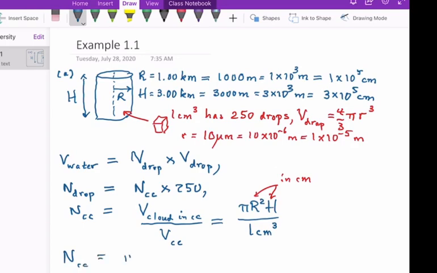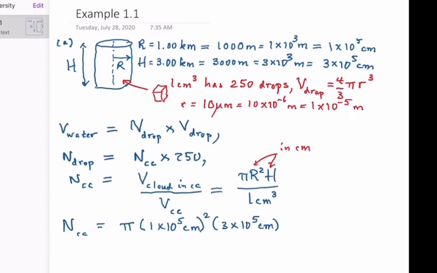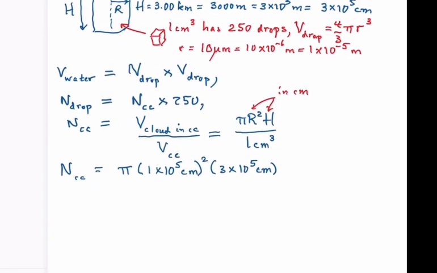Okay, pi times the radius of the cloud in centimeters, 1 times 10 to the 5 centimeters. Don't forget to square that, times H, 3 times 10 to the 5 centimeters.